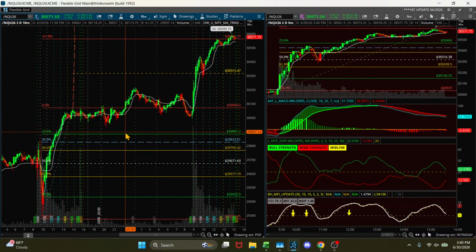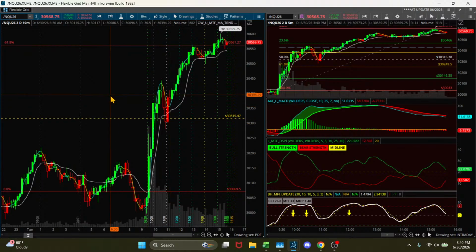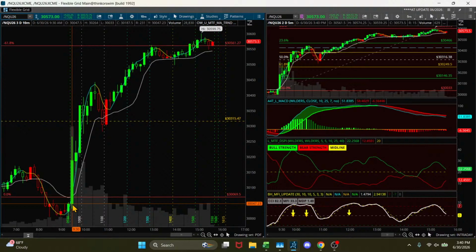That idea didn't play out as much as anticipated, obviously. Instead, we got the open just below Monday's low.